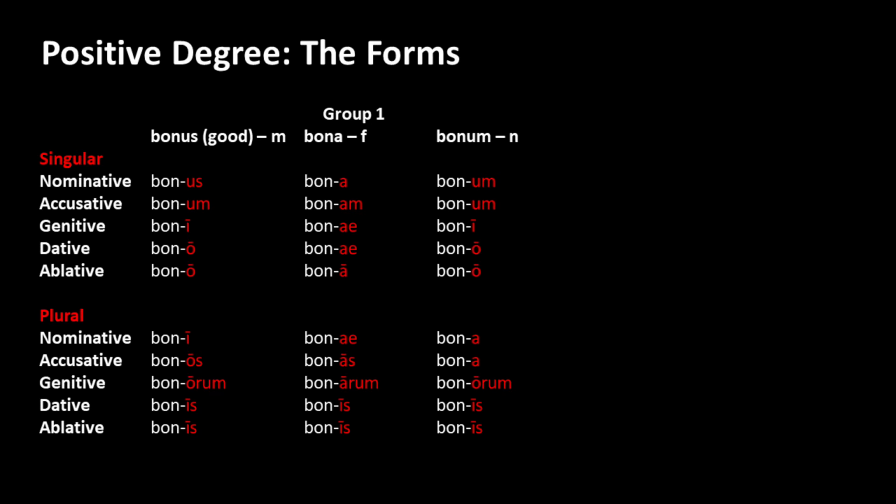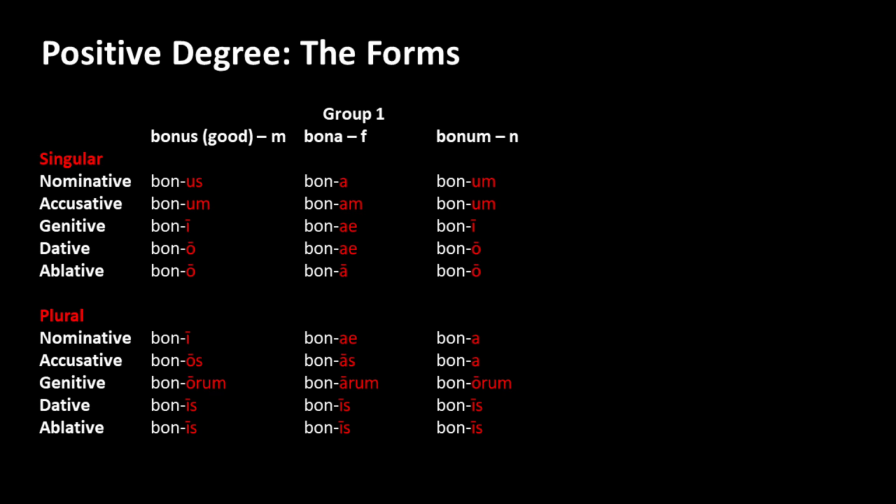If you don't, you must go back now and learn them and then come back to this video. But as long as you know your first and second declensions, you have no further learning to do. There is a straight recycling of endings from first and second declension nouns to group 1 adjectives.